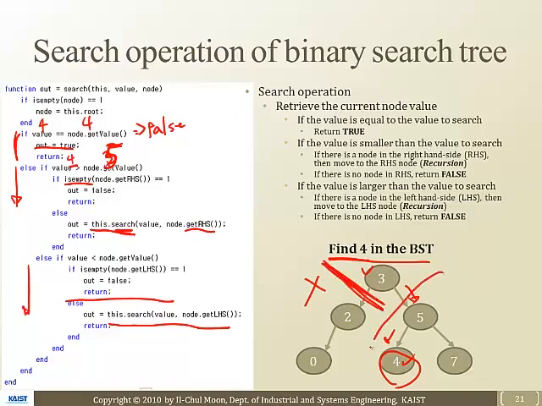So we only limited the search space to the right-hand side. And then when we hit the 5, we only cared about the left-hand side of the 5, because we know that this 4 is never at the 7, the right-hand side of this 5, right?